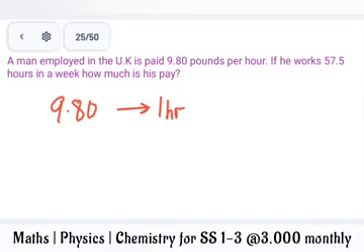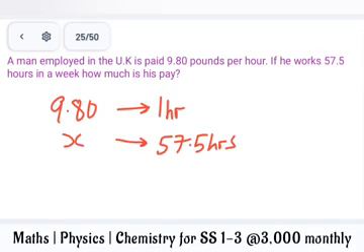Okay, so now if he's going to work for 57.5 hours in a week, the question is, how much will he be paid? So we'll call that X. So now because we are having hours on this side, amount of money to be paid on this side, and then we're having hours on this side, we can cross multiply. This is a relationship.